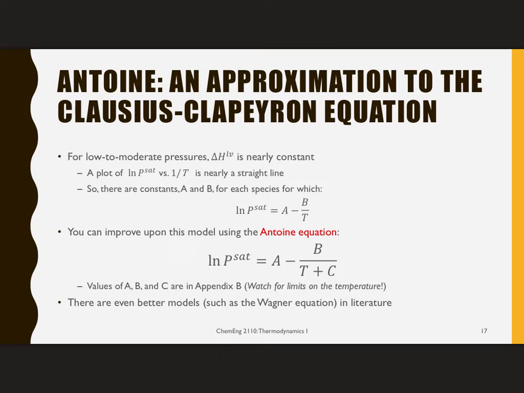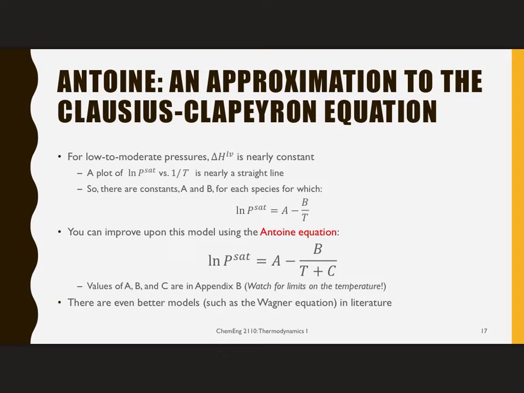So the values are going to vary and depend on the units. These are all done by fitting actual data, so you want to be very careful that you are only using this for the temperature range that the data is good for.